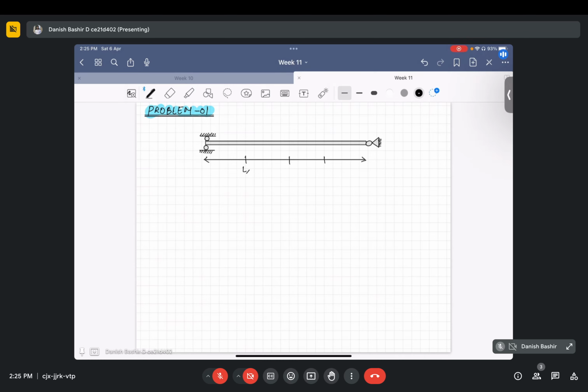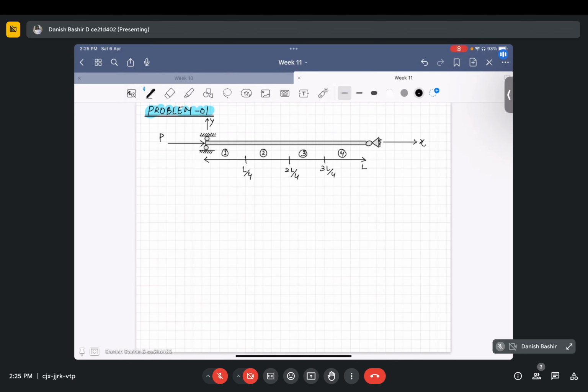This is L by four, 2L by four, 3L by four, and this is L. So we have to use element one, element two, element three, and element four for this column, with x and y axes like this, subjected to some axial load P. We have to find the buckling load P for this simply supported column.